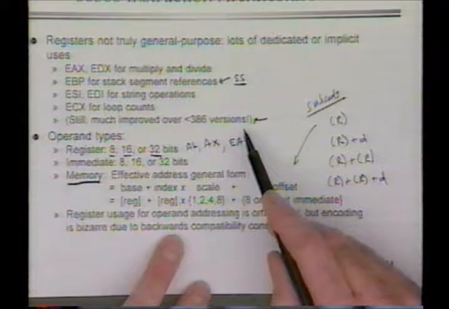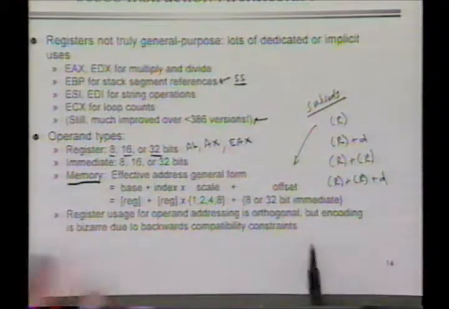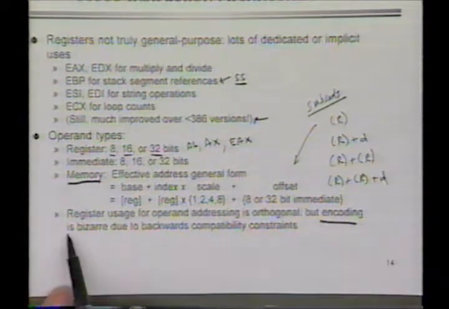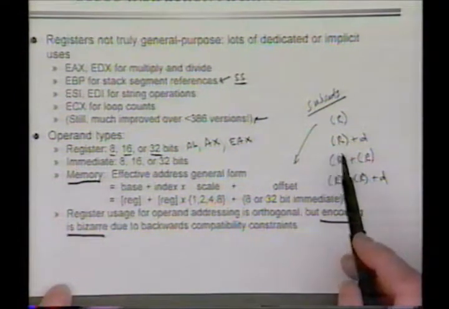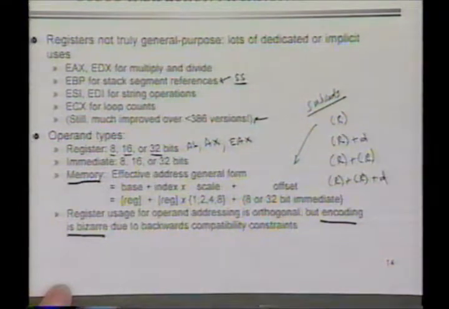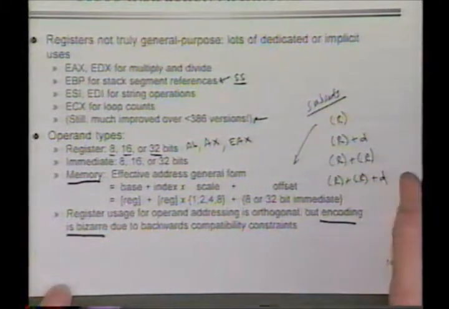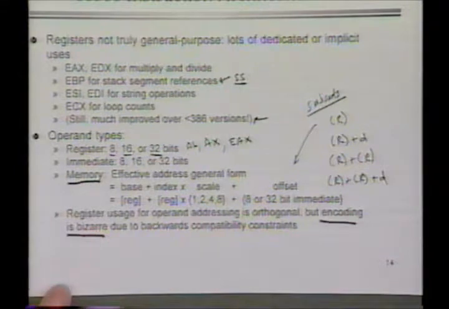And because all of these machines are binary compatible, it means that the encoding for these various addressing modes is rather bizarre. The encoding for register modes that correspond to things that existed in the old machines, like 286s, are smaller typically and take less bits.